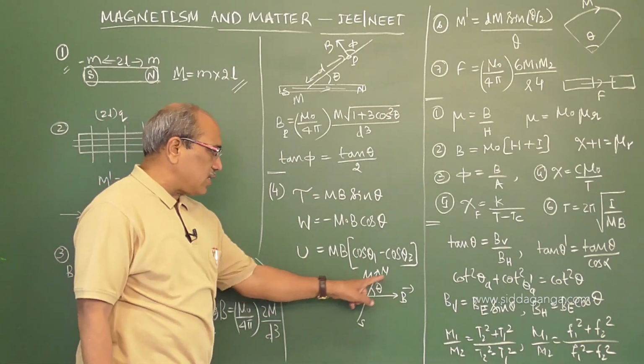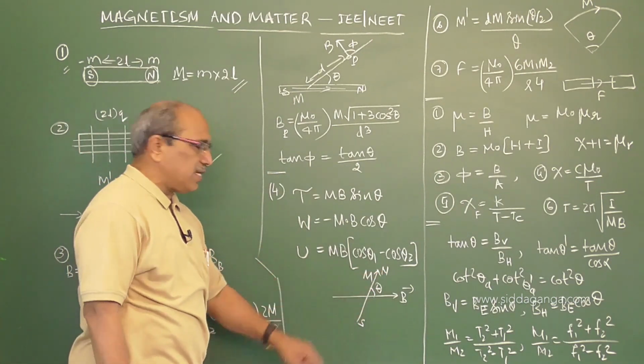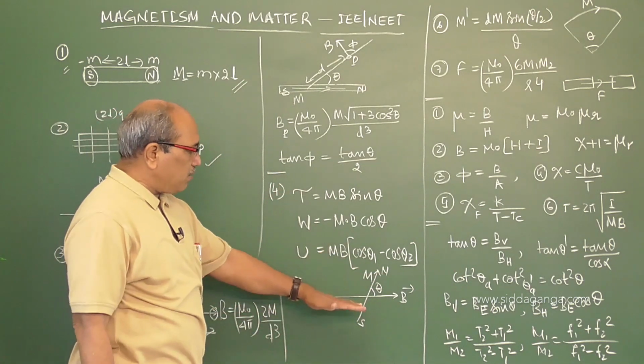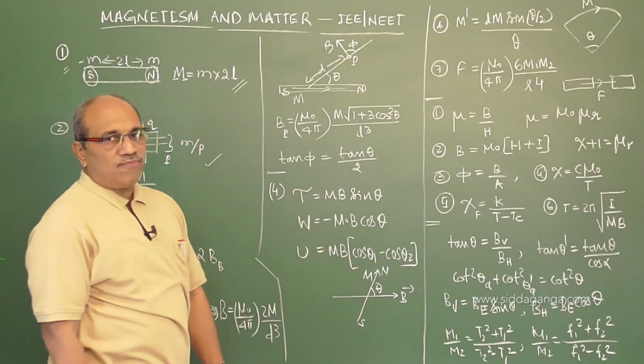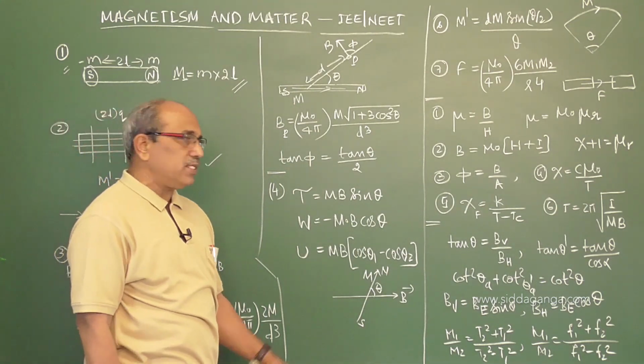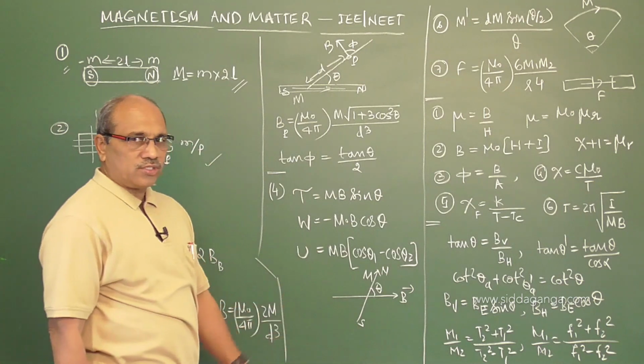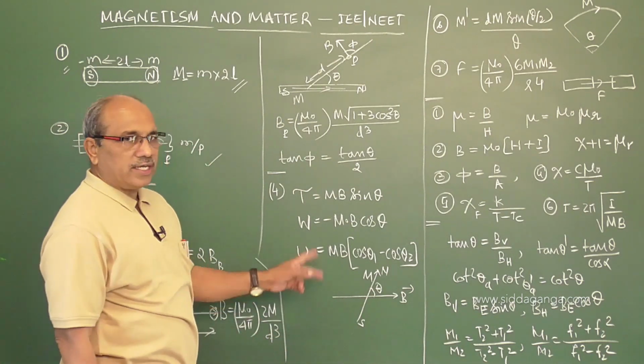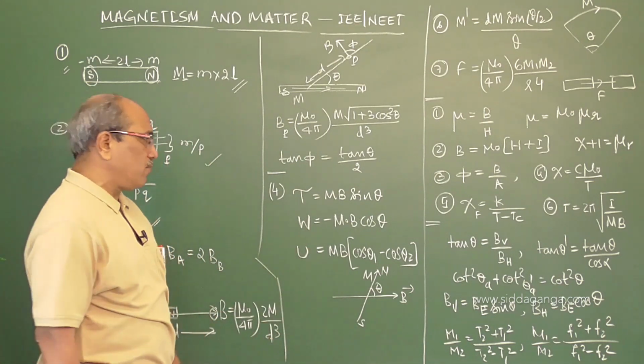Once you place a magnetic needle, or a bar magnet, or a magnetic dipole in a uniform magnetic field, you come to know that in a uniform magnetic field it only experiences torque, no net force. But in a non-uniform magnetic field it has both torque as well as force.